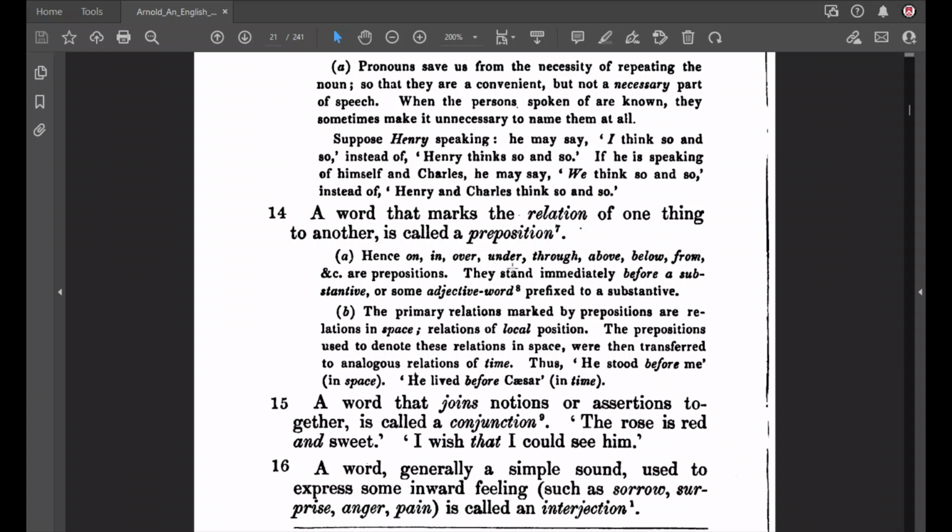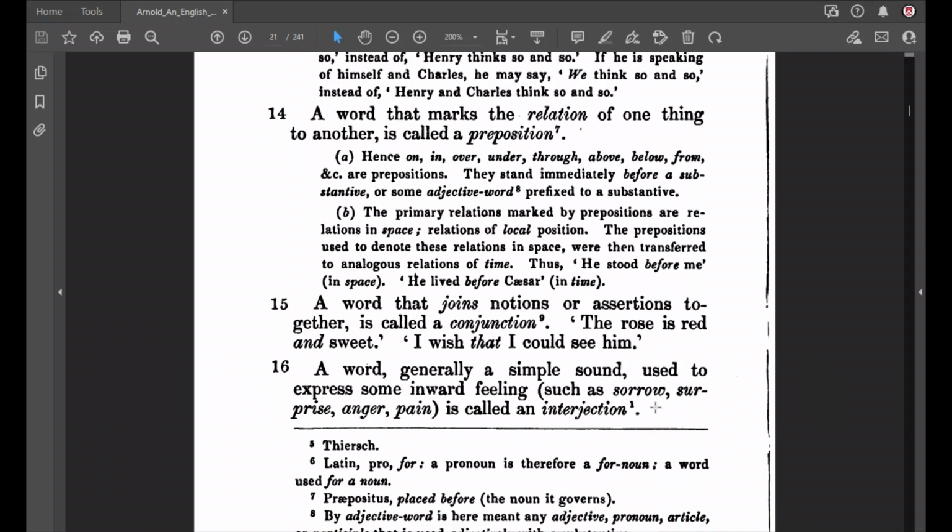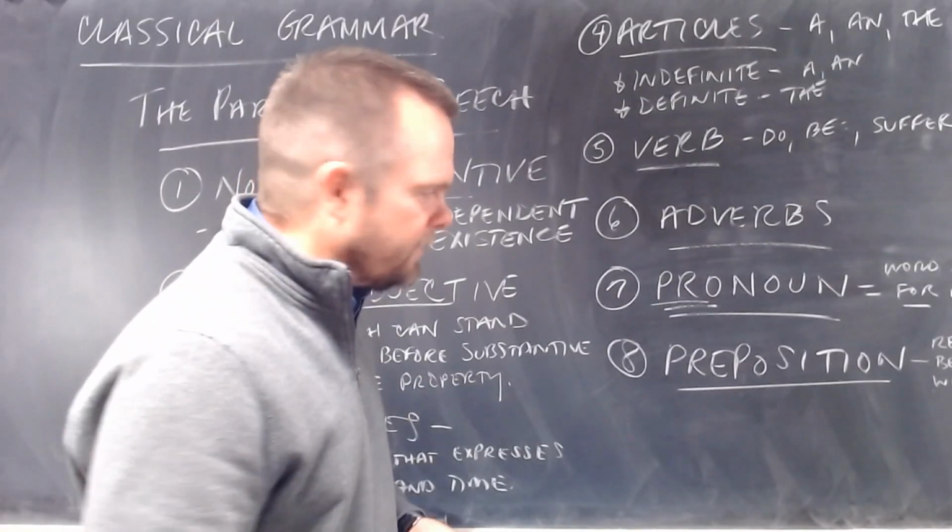Rule number 15, we learn of another part of speech. A word that joins notions or assertions together is called a conjunction.